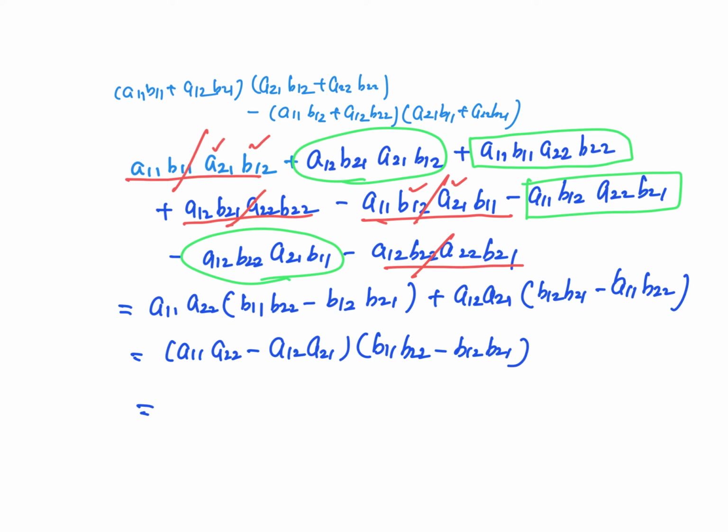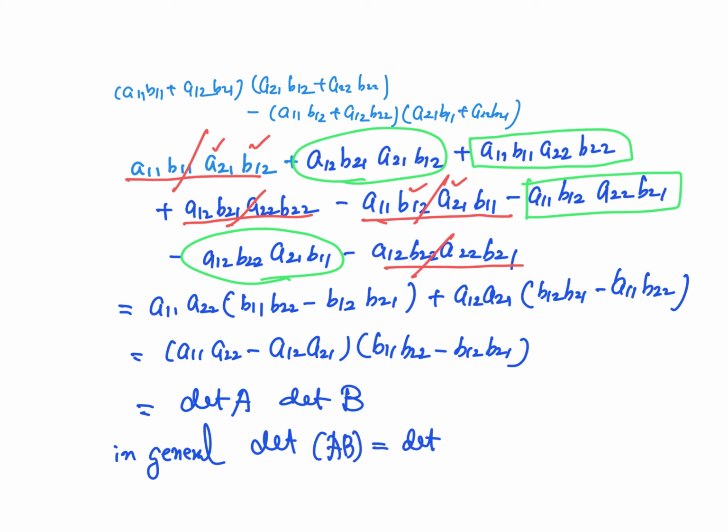So this turns out to be determinant A times determinant B. I'm just going to show that only for 2 by 2, but it's generally true. So in general, determinant of AB equals determinant A times determinant B.